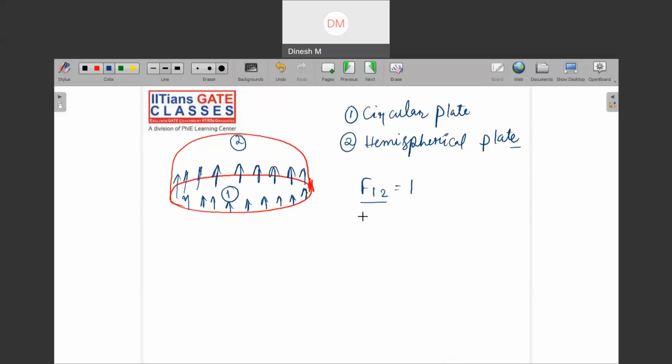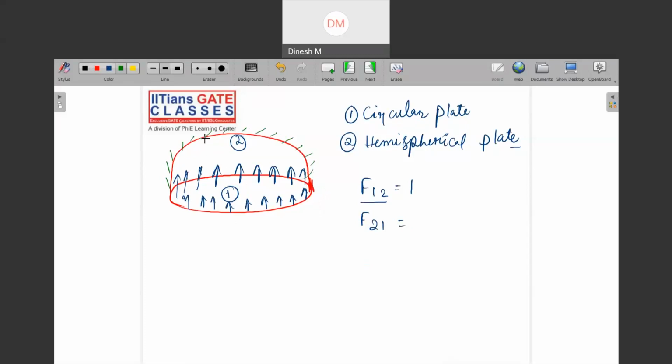And now what is F21? Just now we have seen what kind of surface this is: this is a convex surface. But now what is the surface that is emitting radiation?